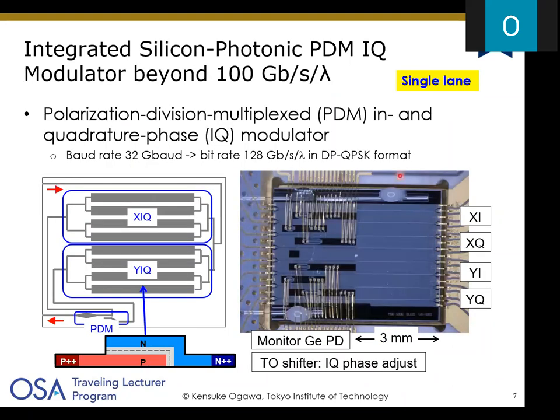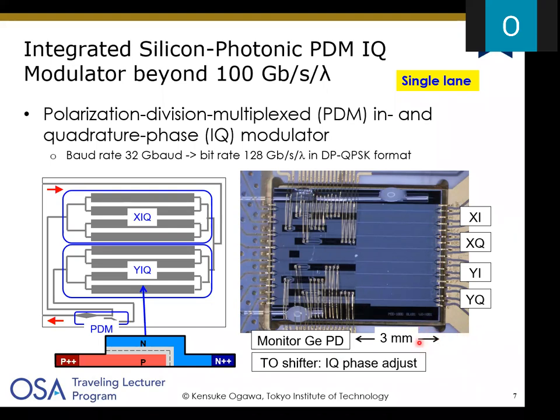The other example, in a single lane application in a longer reach, is polarization division multiplexed quadrature phase IQ modulators. This is the IQ modulators integrated on a silicon chip with a monitor germanium photodiode. And you see that these fibers are mounted on a chip.